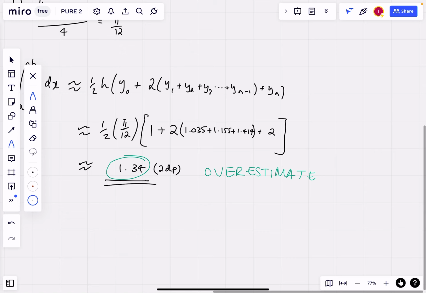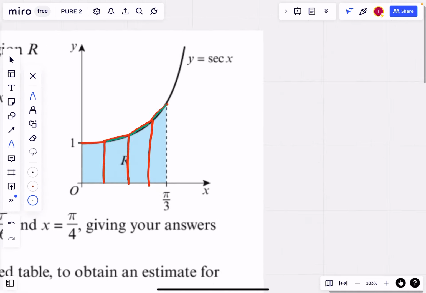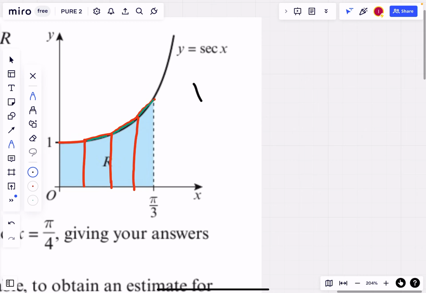Because the graph is convex, the connections are above the curve. Let's say if it was the other way around. Let's say if our curve went this way and these were your trapeziums and you connected them, other way around, like this.